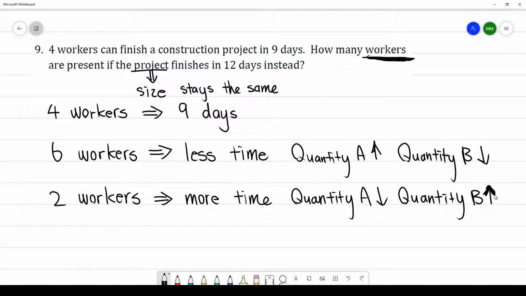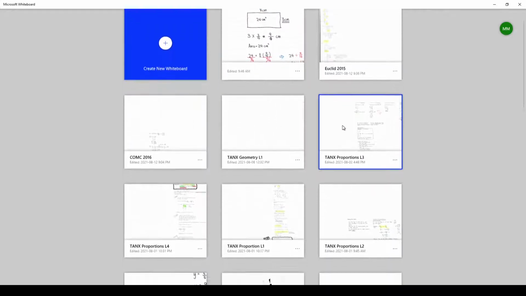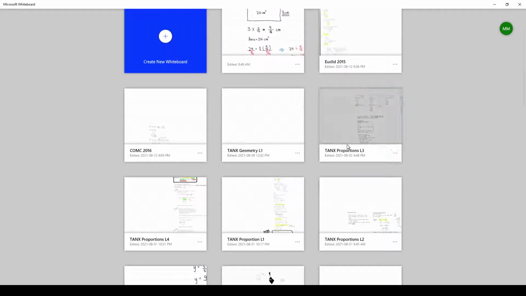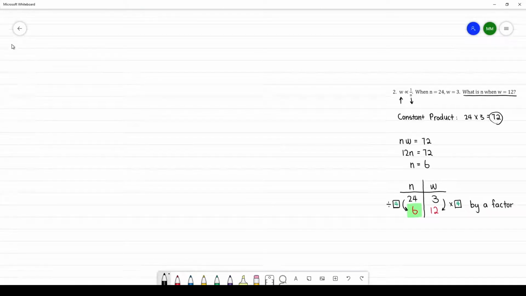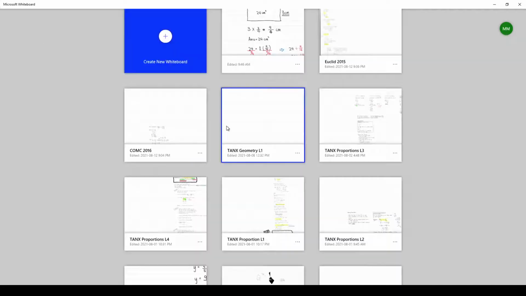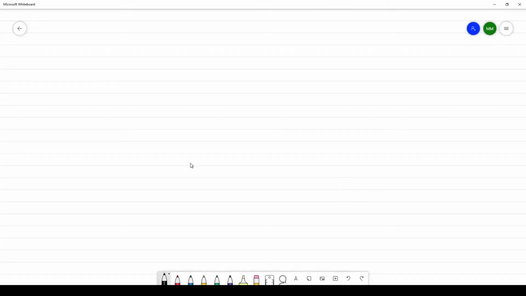So what is this pattern? This is inverse proportion. Let's look back at the definition of inverse proportion, let me just find it here.